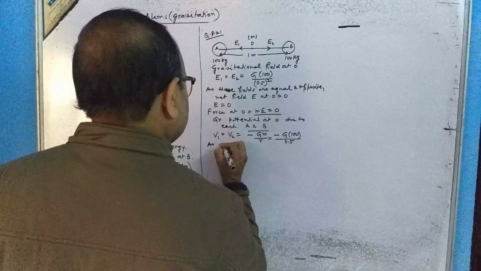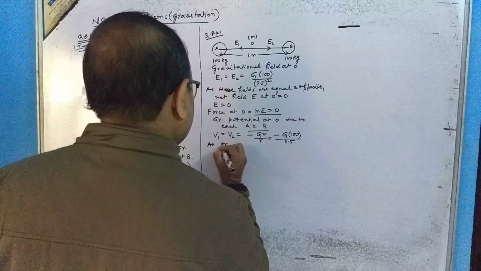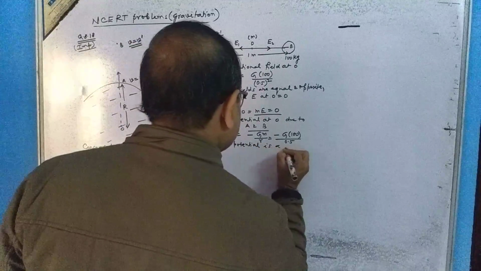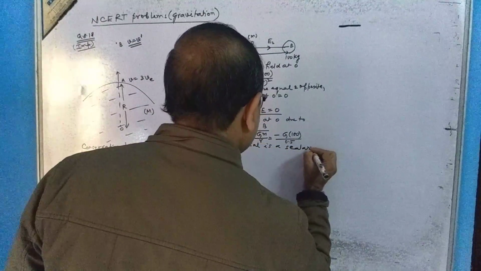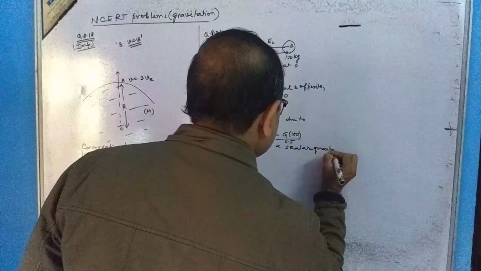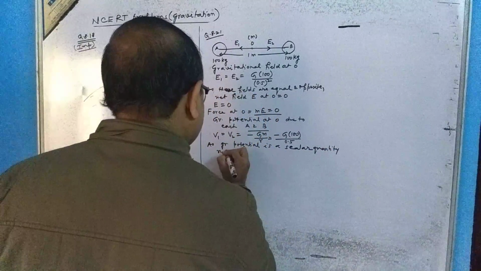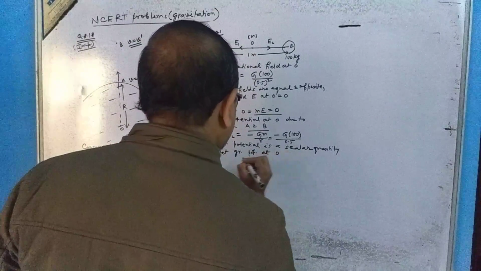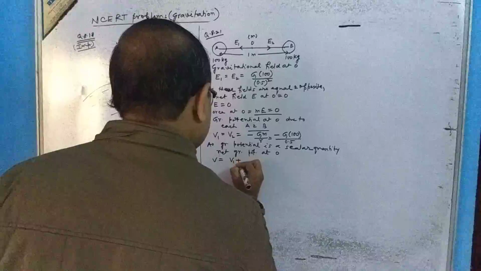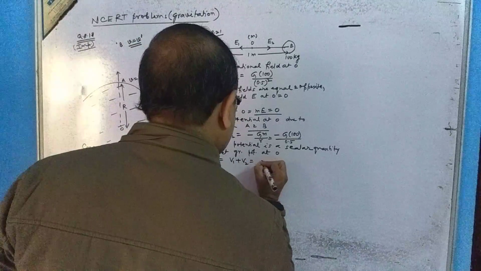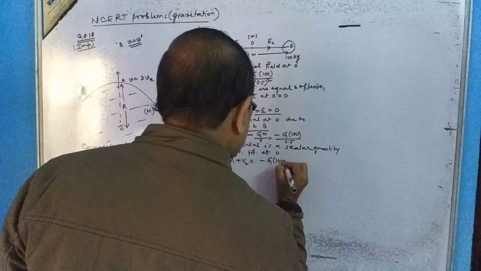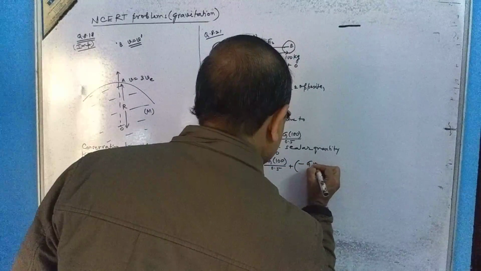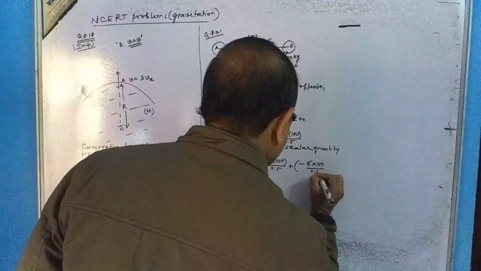So as gravitational potential is a scalar quantity, net gravitational potential at O, V, is equal to V1 plus V2, which is minus G into 100 by 0.5 plus minus G into 100 by 0.5.